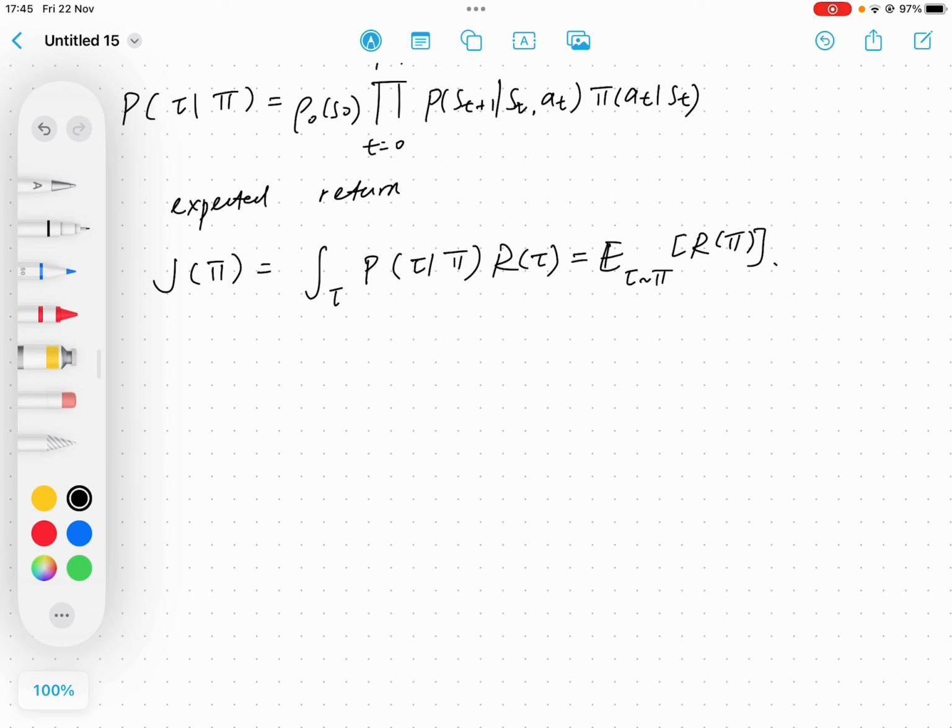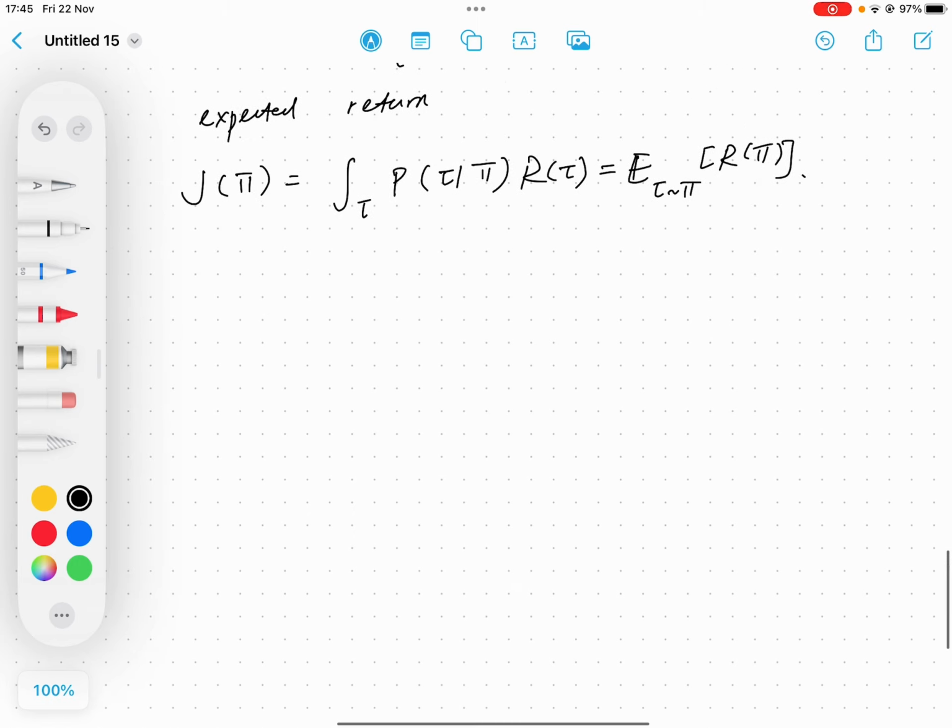Okay, good. So formally, we can observe that the optimization problem could be formalized as follows.